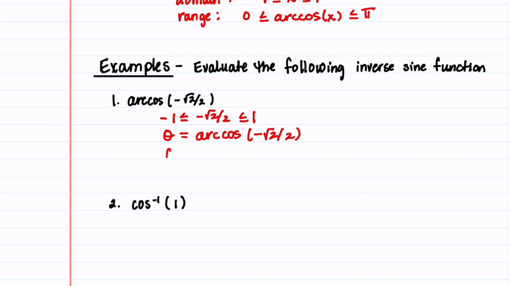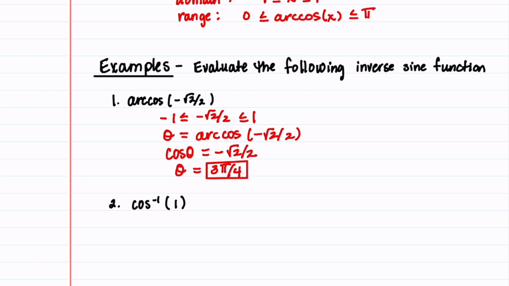So that means that cosine theta is equal to minus root 2 over 2. Cosine is negative, so it's going to be in the second quadrant, and our theta is going to be 3 pi over 4. This tells us that arccosine of minus root 2 over 2 is equal to 3 pi over 4.